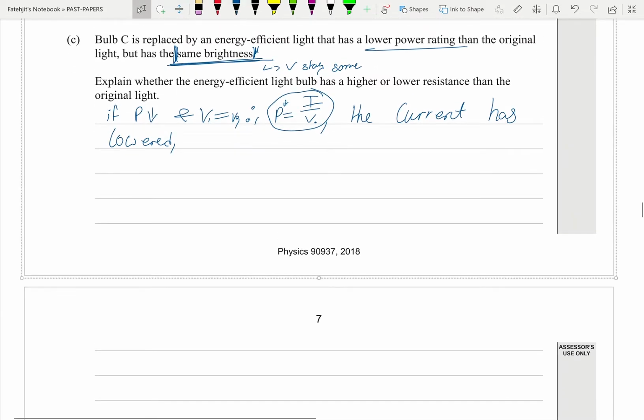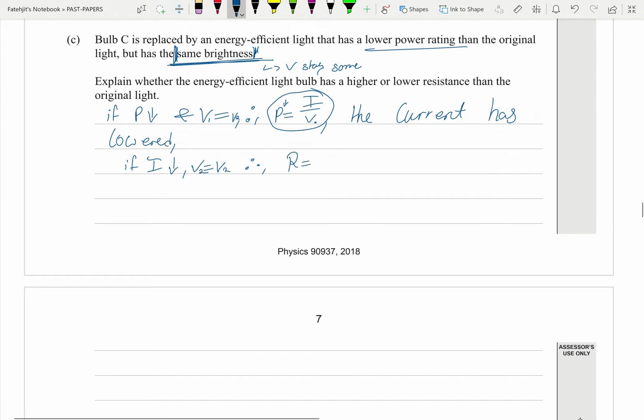So if I goes down and V stays the same, according to R equals V over I, the R must be higher. That's according to this equation. Cool. And that's pretty much all for that.